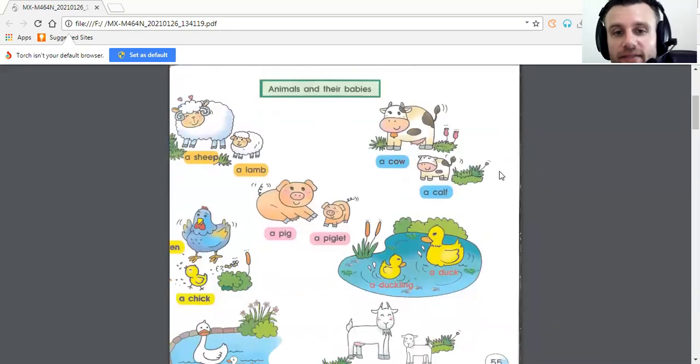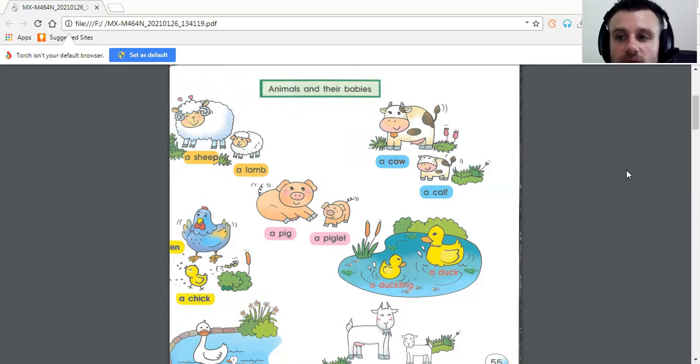So let's take a look. You listen and you repeat after me. Animals and their babies. Take a look on the left: a sheep, a lamb, a cow, a calf, a pig, a piglet, a hen. A hen, a chick.